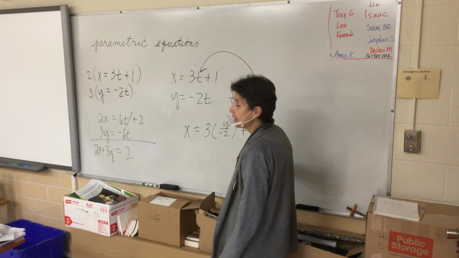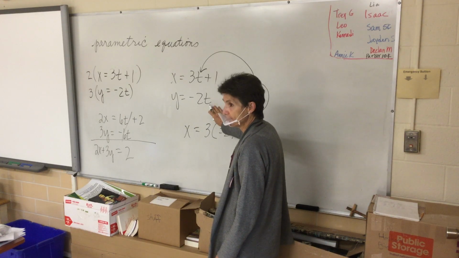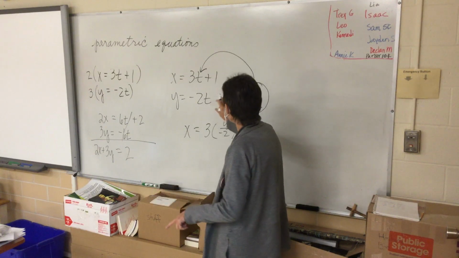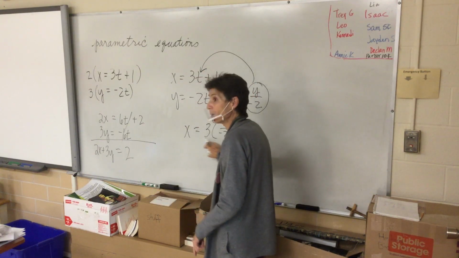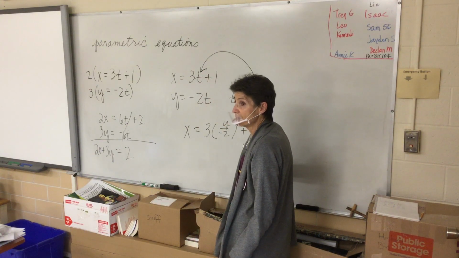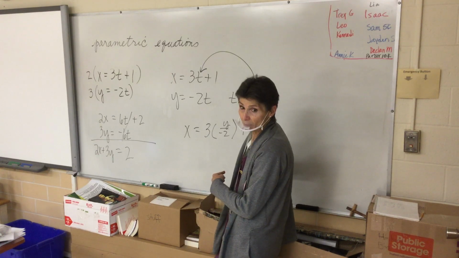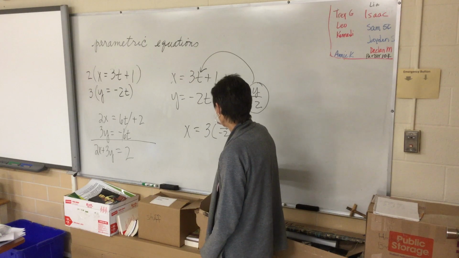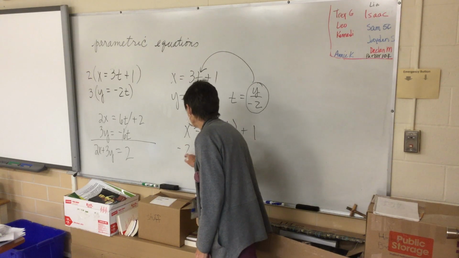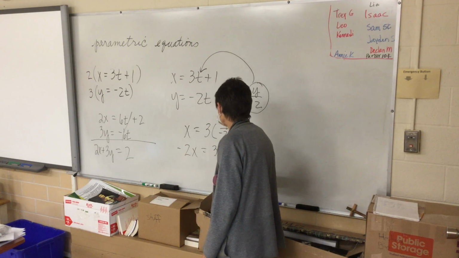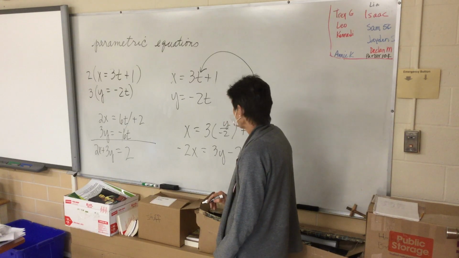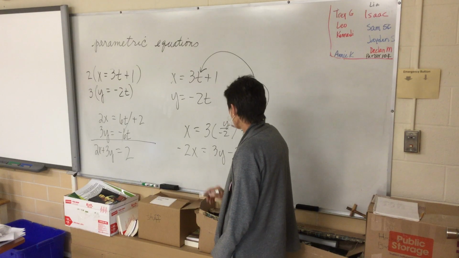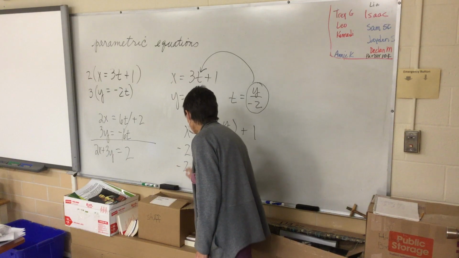I solved this for t, got t by itself, and then plugged that in here, so now I don't have any t's, but I do have to clean that up a little bit. So, maybe I'll multiply by -2. Put my x's and y's on the same side.